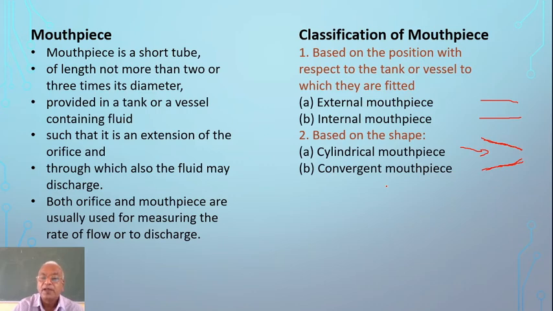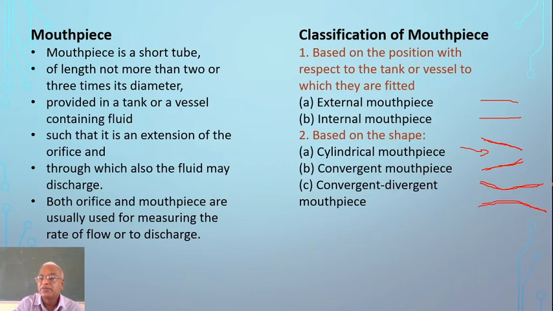Now convergent divergent: in this, it converges first and then afterwards it is enlarged. So the mouthpiece will have an inside shape something like that.